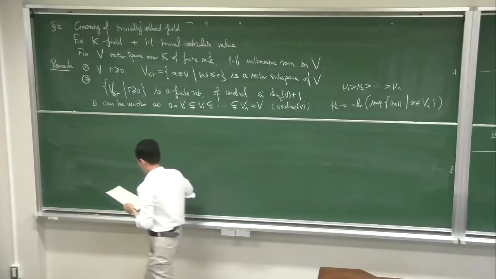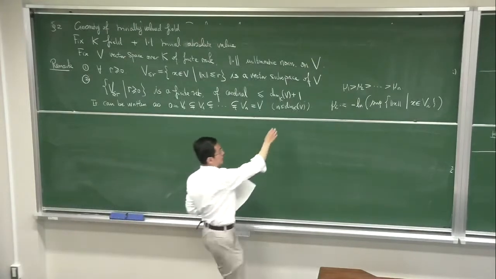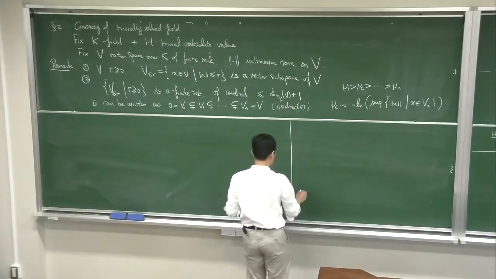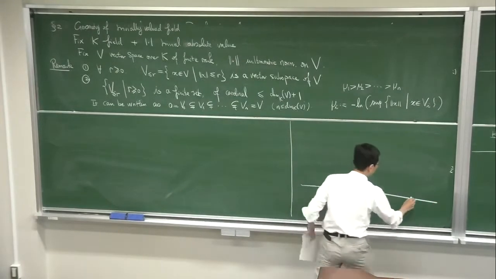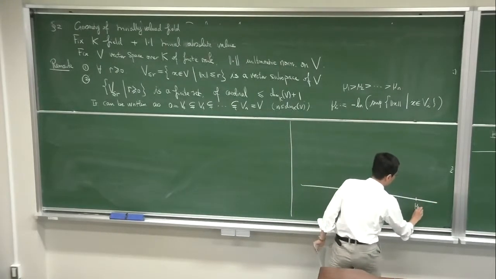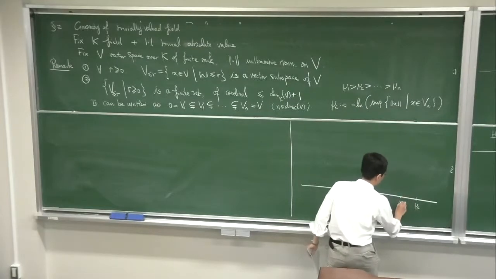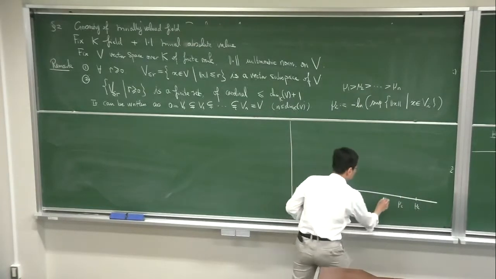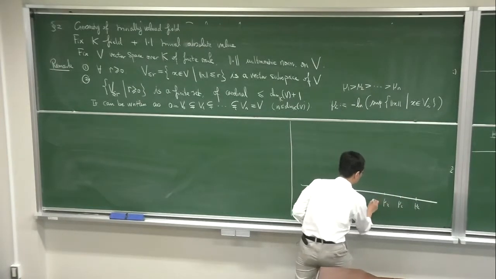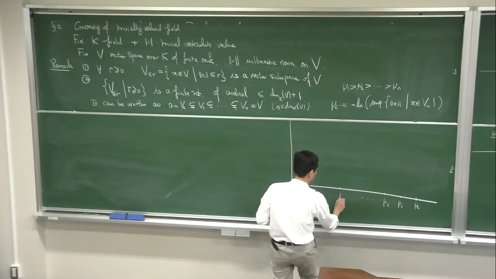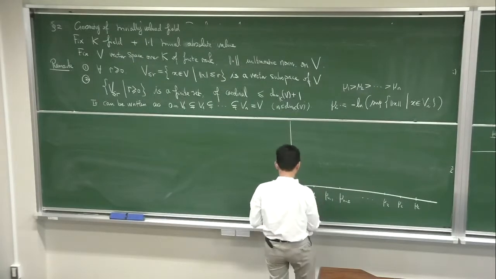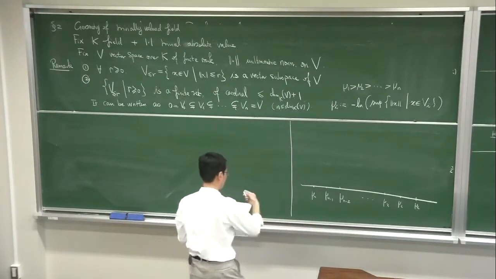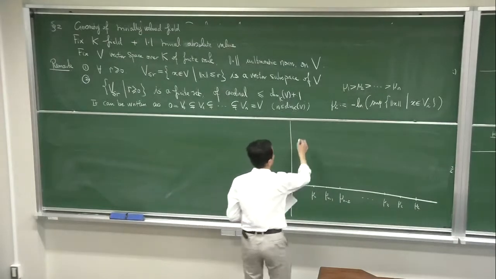So now I can draw a map. You can fit the data into a map like this. So you have mu_1, mu_2, mu_3, etc., mu_{n-1}, and mu_n. So you have a decreasing sequence.